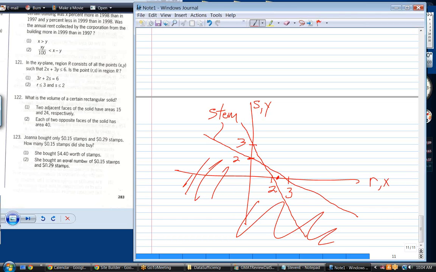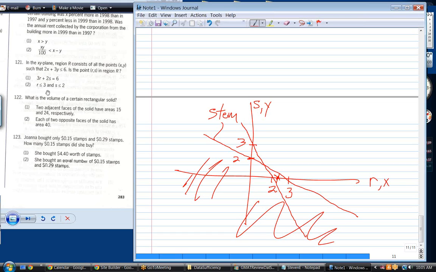Well, all of these points here, r is less than 3 and s is less than 2. I made an X right there. So there is a point based on number 2 where r is less than 3, s is less than 2, and yet I'm under the stem.